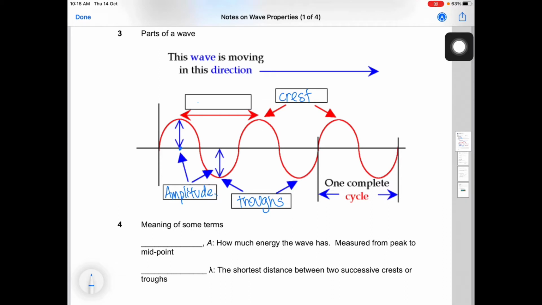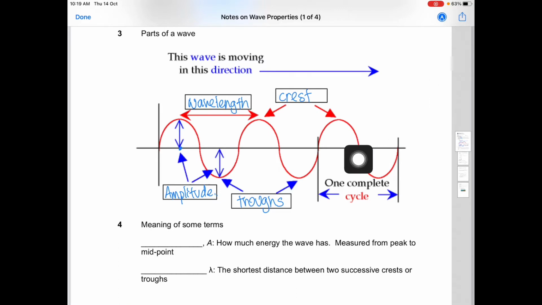Now there's one more term, one complete cycle, one whole wave. Usually, we measure it from a crest to the nearest crest. I say again, from the crest to the next nearest crest. That is what we call a wavelength. Get to know these parts, because I'll be using these terms a lot.